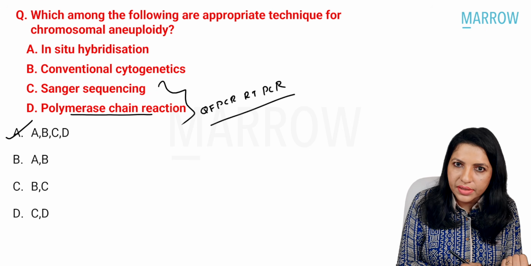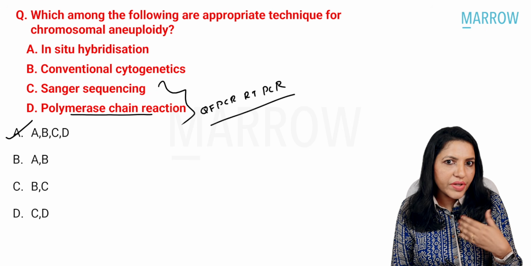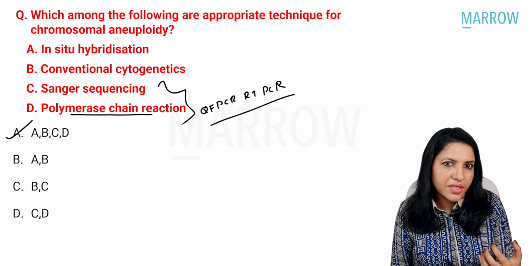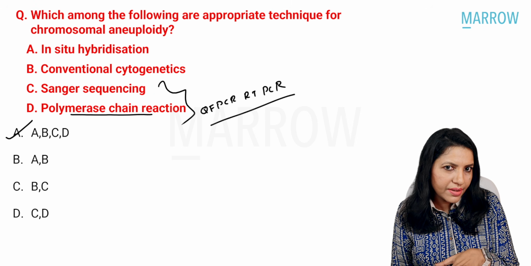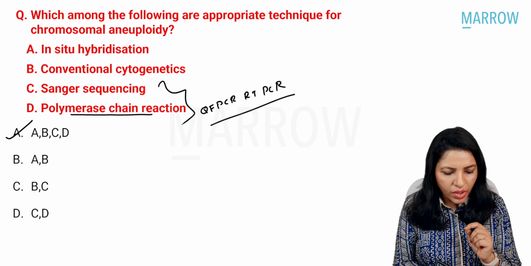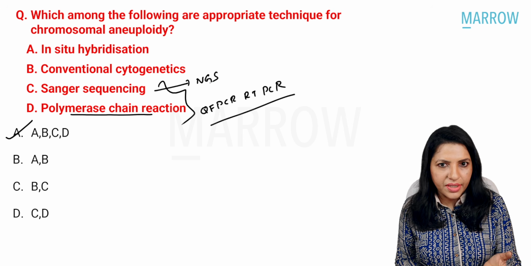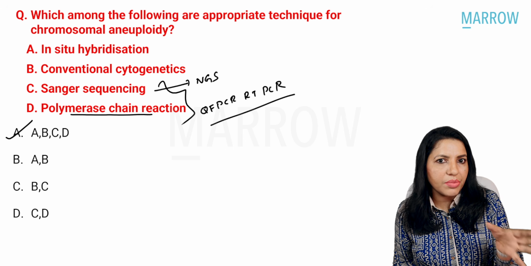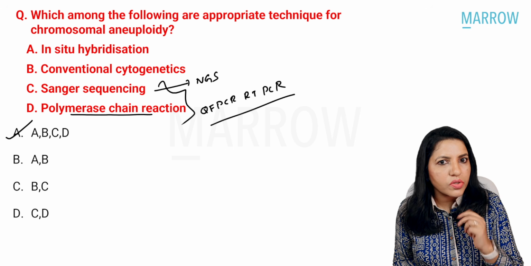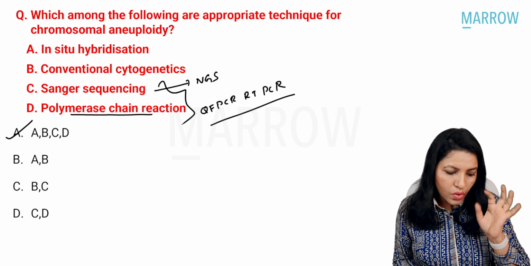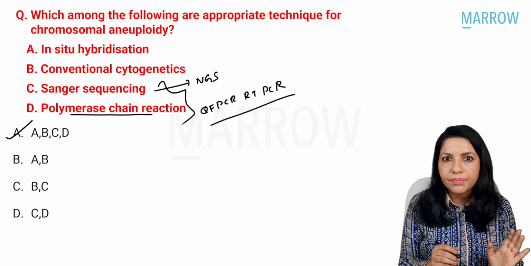Then Sanger sequencing, it is not mentioned whether it is simple or conventional Sanger sequencing or massive parallel sequencing. So if the Sanger sequencing principle can be taken to an NGS platform, then also we can detect aneuploidy. So I am giving the answer as A, B, C, D.